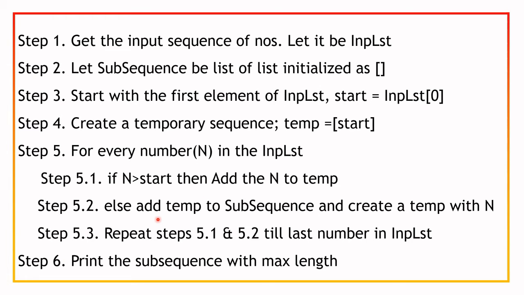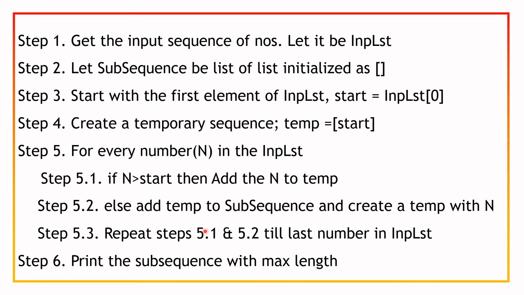Else, what I'm going to do is, then there is a decrease. So this is the end of the progressive sequence. I just add it to the subsequence list. Okay, and then start creating another temporary list, which might be another longest progressive sequence.